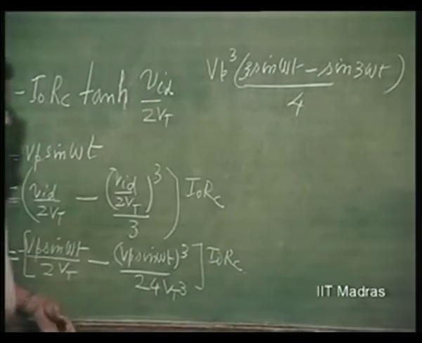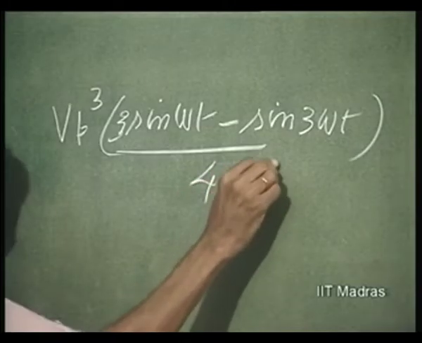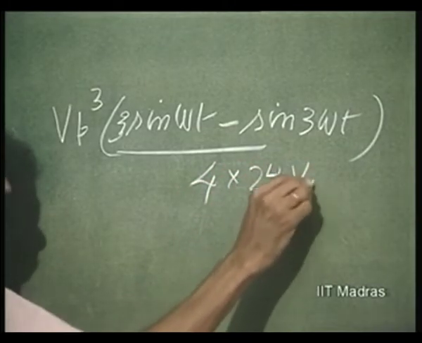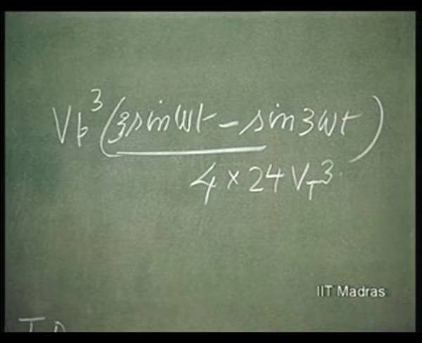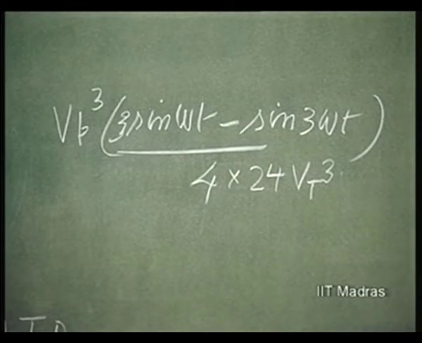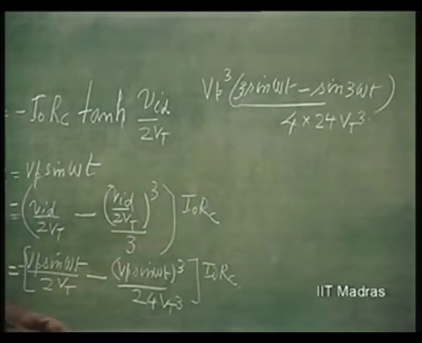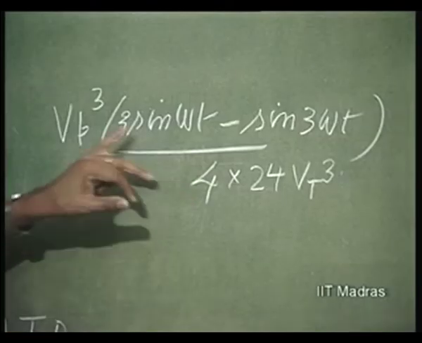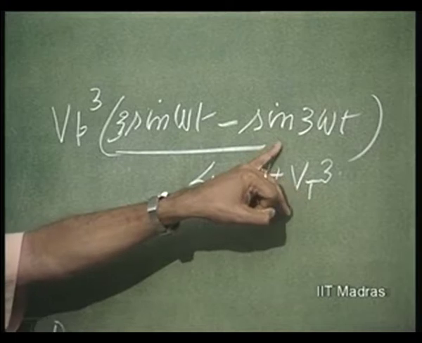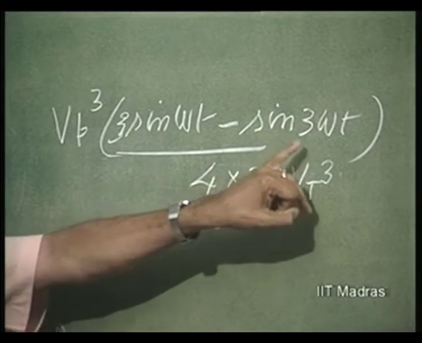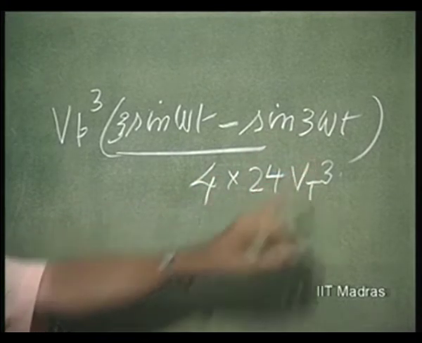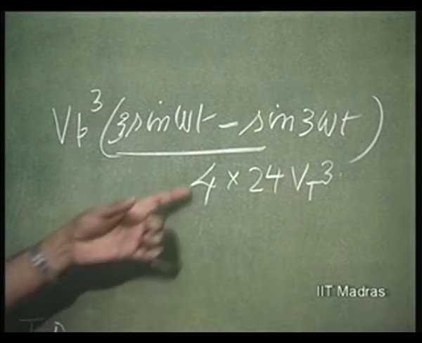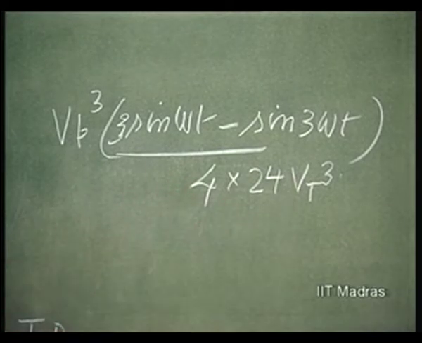So, that divided by 24 Vt cubed is what is going to remain of this, right. So, this factor therefore is going to contribute to certain amount of distortion because of the third harmonic. So, the third harmonic distortion is going to arise here.